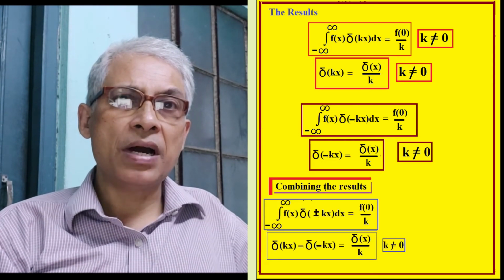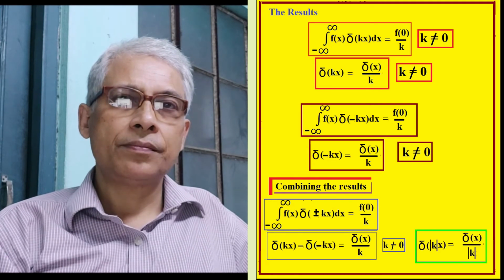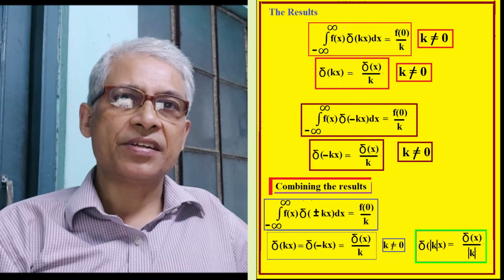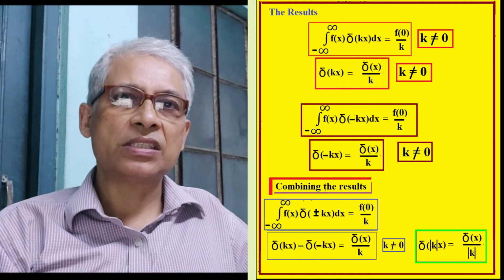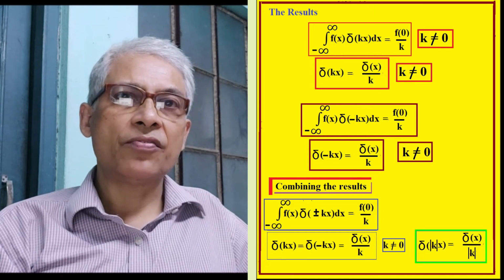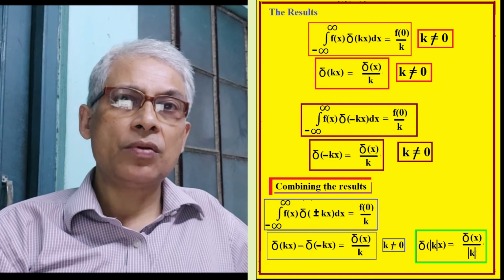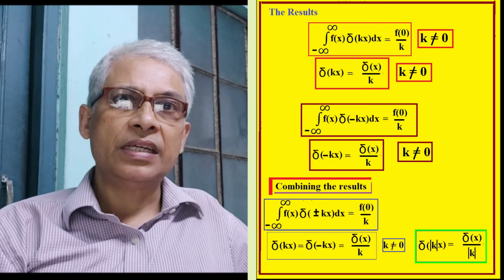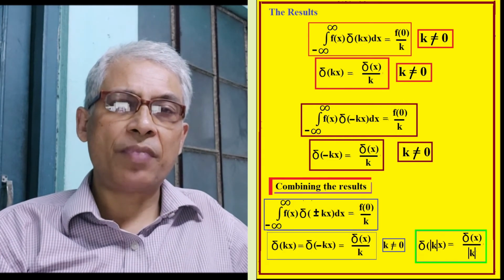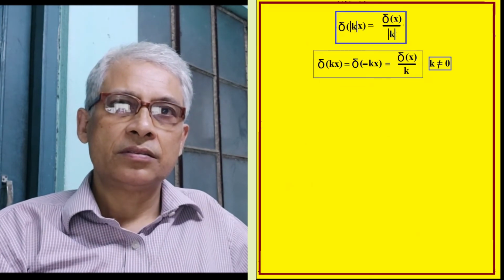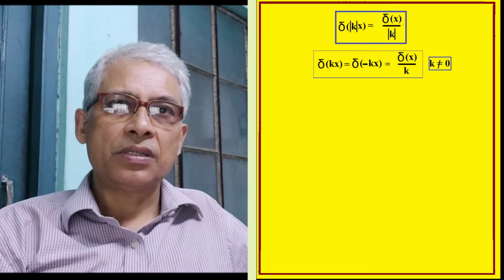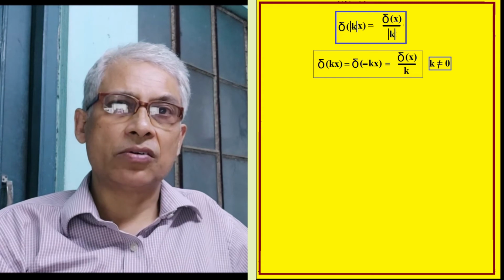Let us now combine the relations as shown, and the last result embedded in the blue box can be rewritten as Dirac delta of modulus k into x equal to the Dirac delta of x divided by modulus of k. Let us enclose it in a green box. This result is of paramount importance. This slide, as you can find, has picked up the result we derived just now.